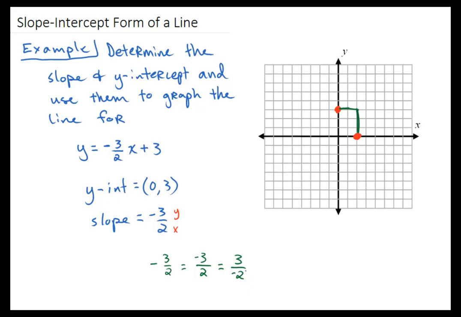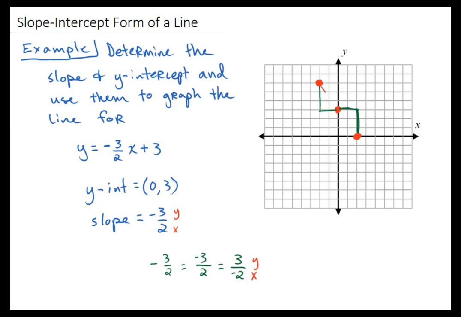And so if we think about it in that way, we could also count our slope off going in the other direction, where we apply a negative in the x direction and a positive in the y direction. So I would go to the left 2 and I would go up 3, and put a point there, and you can see that still lines up with the other points. So that's how the signs work out with the numbers, and it also makes sense on the graph.